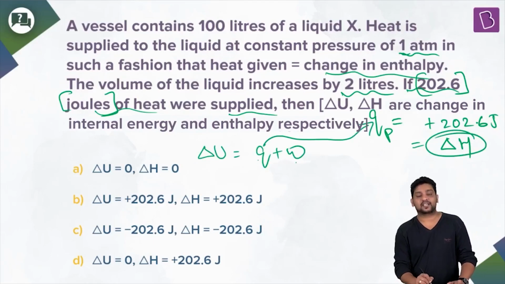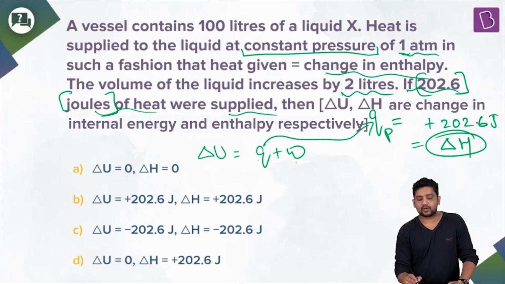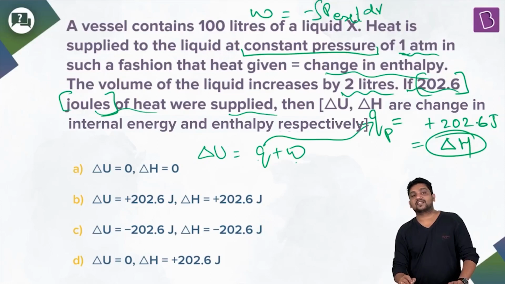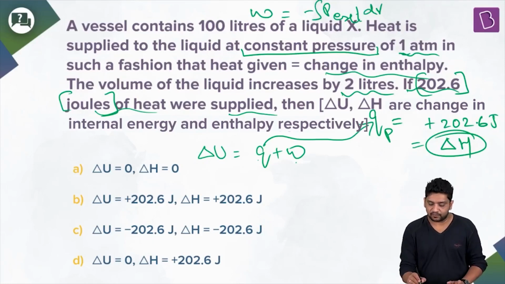As far as W is concerned, we are looking at a liquid which is exposed to a constant pressure. So when you are looking at the expression for work done, I'm writing absolute top, work done is equal to minus integral of P external dV. As far as external pressure is concerned, it's a constant, so it comes out of the integration sign.